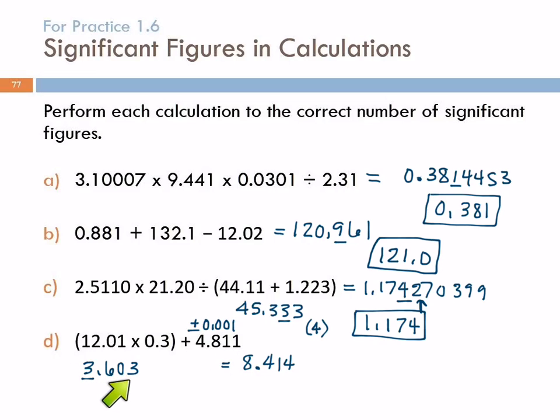If this is 3.603 with the uncertainty in the ones place, then that's implying plus or minus 1. And so really when you're adding and subtracting, you're looking at the number with the greatest uncertainty. That's what's limiting the answer. This is to the nearest plus or minus 1, so then our answer has to be to the plus or minus 1.